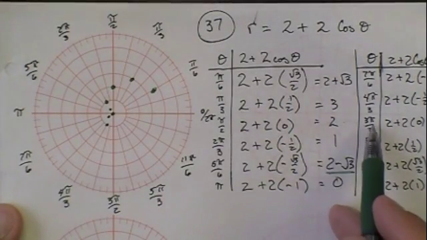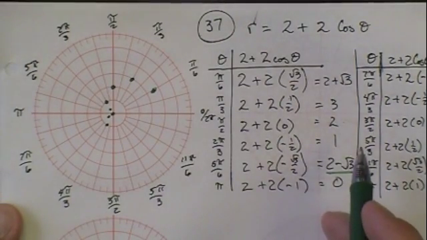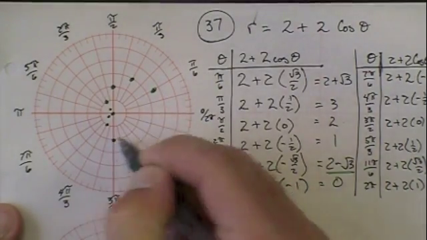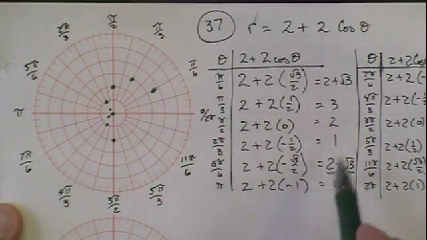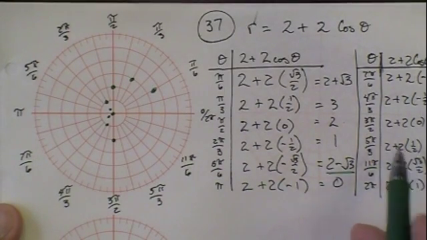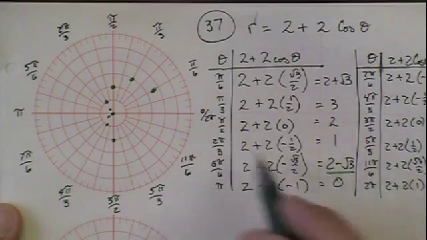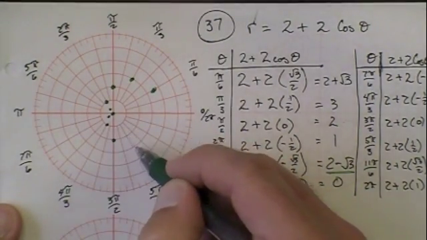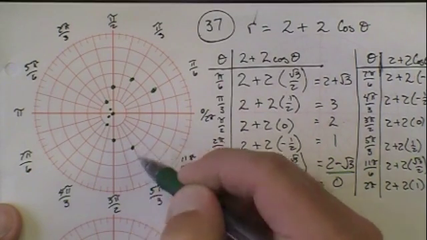Now we're at 3 pi over 2, takes us to 2. 5 pi over 3, and we are equal to 3 for our radius. So I'm going 5 pi over 3 and counting it out, 1, 2, 3 to this point.